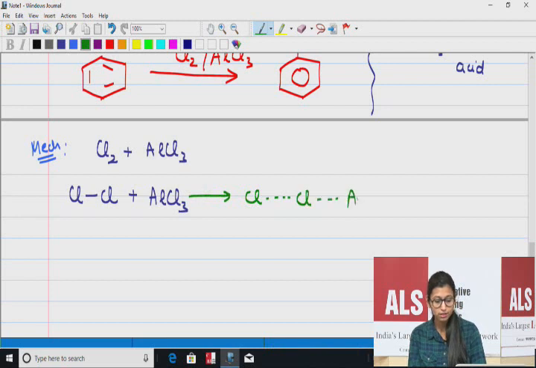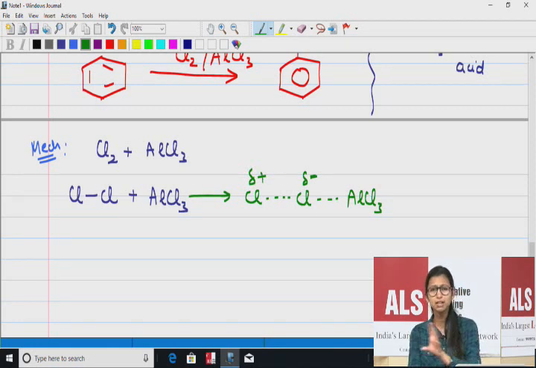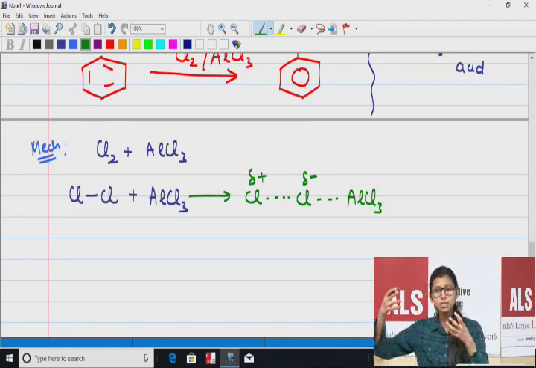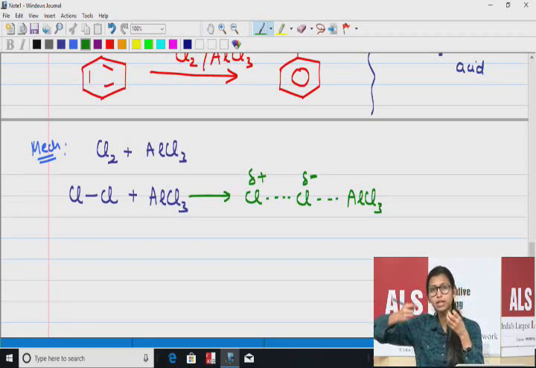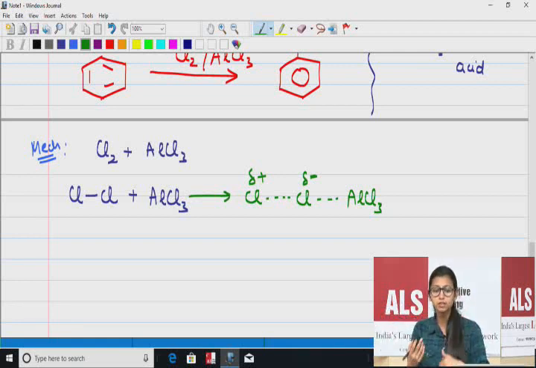This will attract the electrons of this bond, generating some delta negative charge, because AlCl3 wants the electron, and the other chlorine will have a delta positive. You understand the delta? It's a partial positive. When AlCl3 comes, it wants electrons, so it will pull one chlorine towards itself, generating negative charge over it, and the other chlorine will have positive charge.